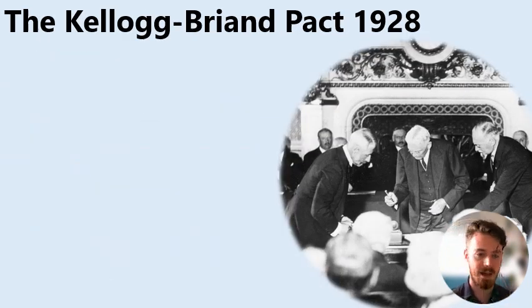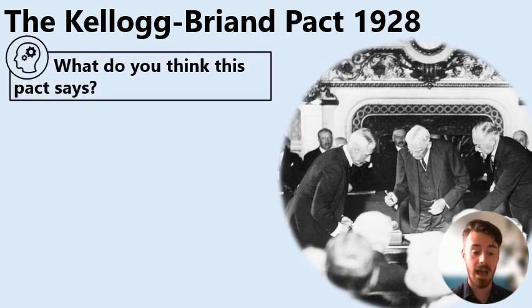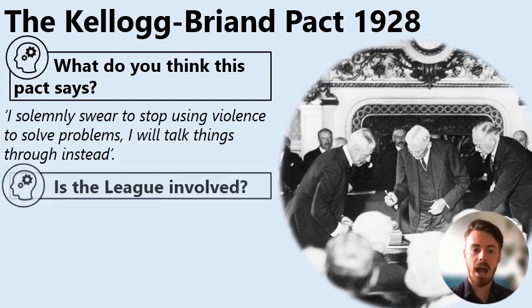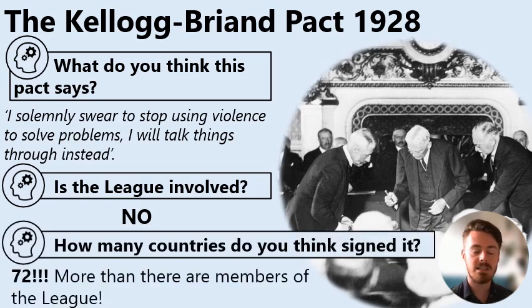The Kellogg-Briand Pact is a couple of years later, but it's, again, Gustav Stresemann and Germany trying to promote their feelings. And it's even the USA, another non-member. It's a document that basically just says, I swear to stop using violence to solve problems. And the League doesn't get involved, and 72 countries sign it.